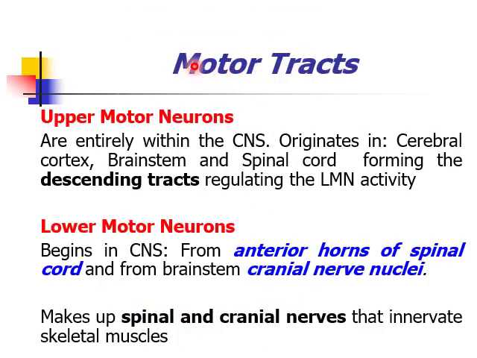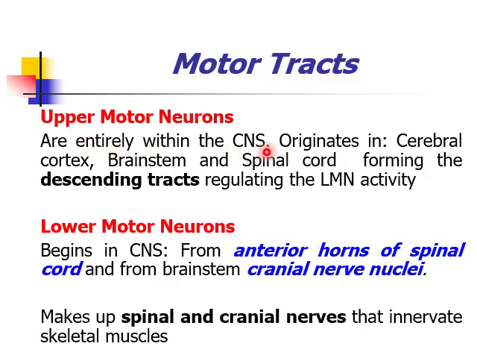To complete the definition of a motor tract, we have to address two more terms to clarify the whole aspect of a motor system. The first term is the upper motor neuron. An upper motor neuron is a group of neurons that are entirely within the central nervous system.